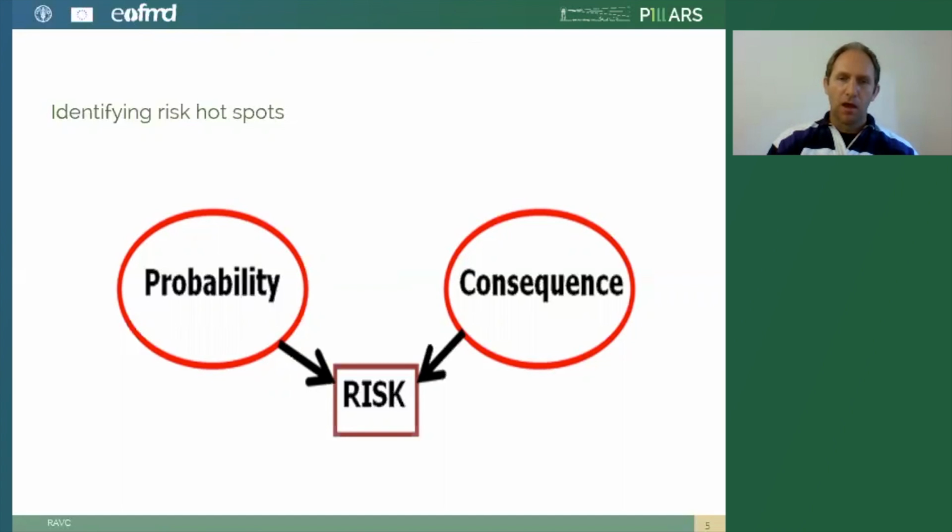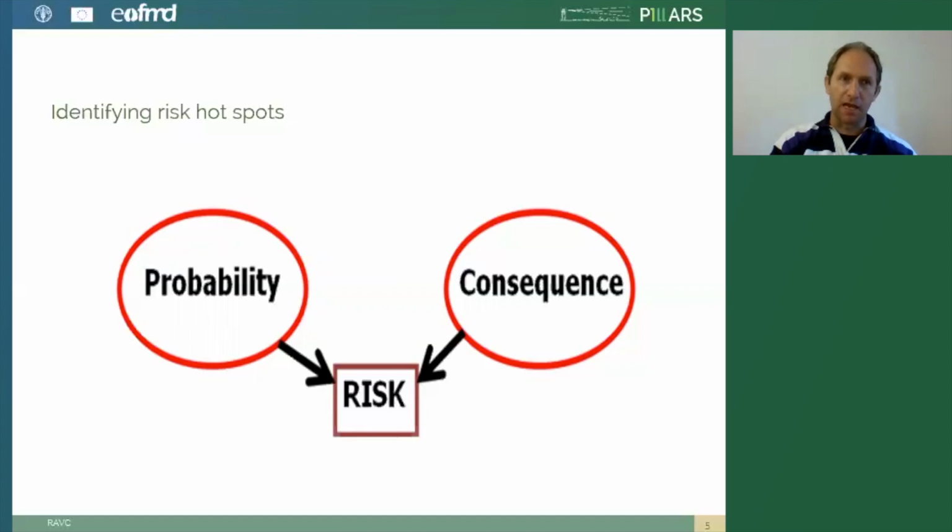But not only the probability, we also want to consider, if it did happen, how severe are the consequences? Because you may have something that's quite likely, but it's not such a big impact if it did happen. But then you may have something that's perhaps less likely.